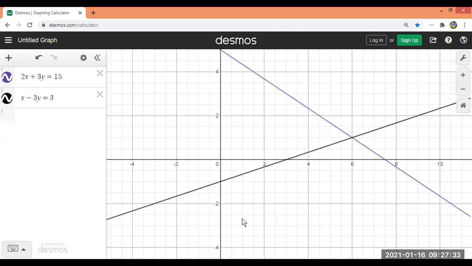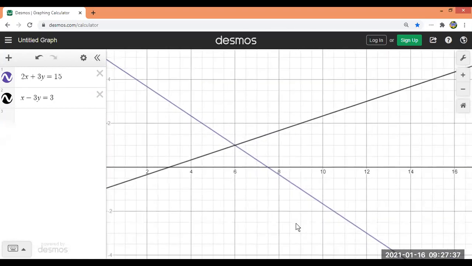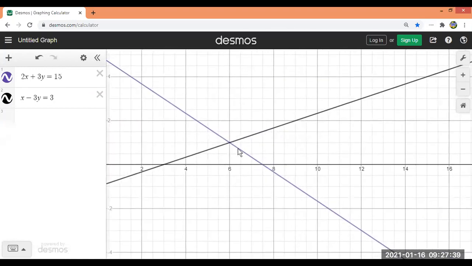Okay, so here you can see those are the two equations. One is the purple color and the other is black. And now if you click on this point of intersection, you can see this is the solution. It's 6 comma 1, and that is exactly what we have got. Correct? I hope you all are able to understand this very nicely.